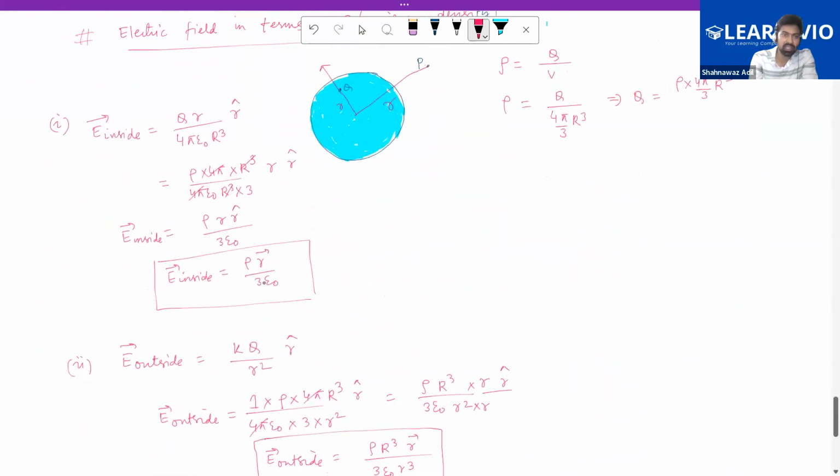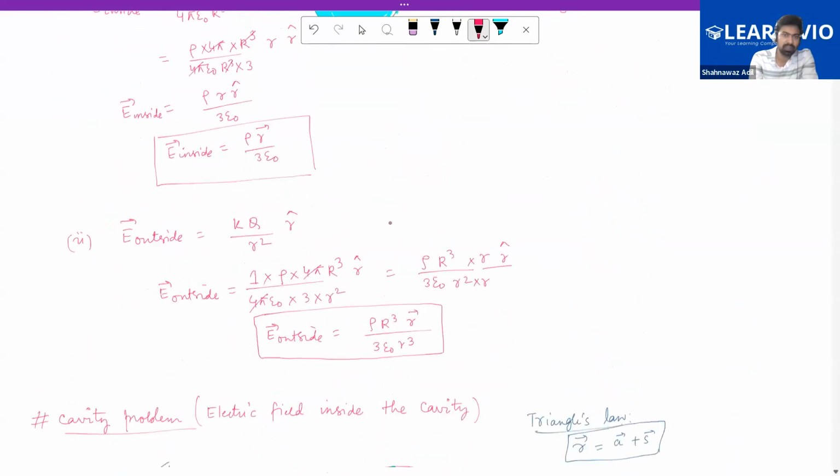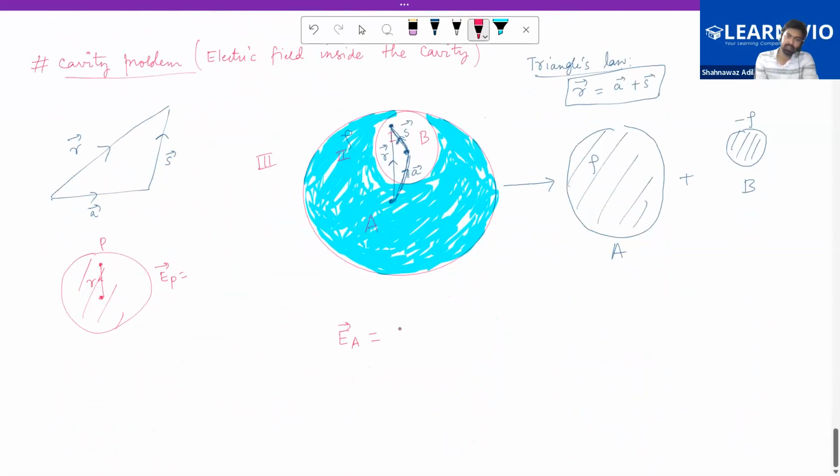The electric field inside is rho r by 3 epsilon, right? Clear? Yes, sir. So this would be simply rho r by 3 epsilon.